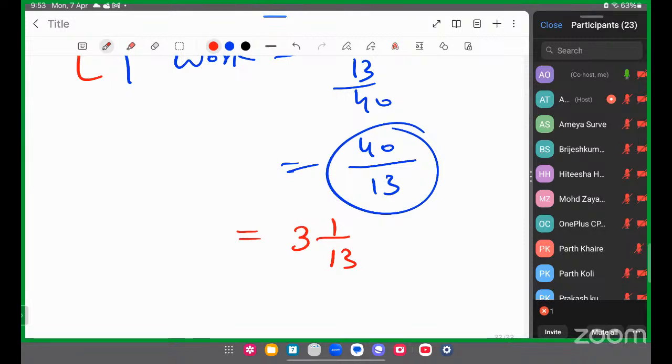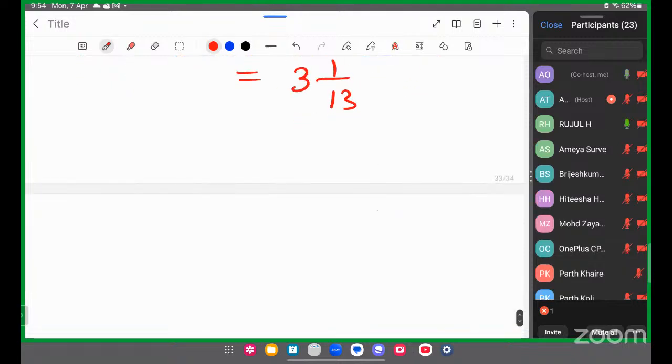Then this will be 24 divided by 13, which is approximately 2 hours. So to complete the work, 3 days will be taken completely, and 1.8 hours will be taken from the next day. Are you getting it? Sir, yes.